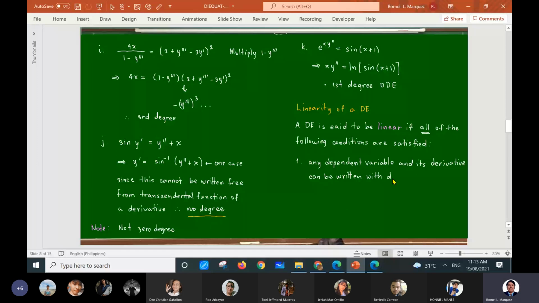You can express it with degree 1, both the dependent variable and its derivative. Is that clear, guys? Meaning the exponent of both must be 1. You can express it that way. Is that clear, guys?